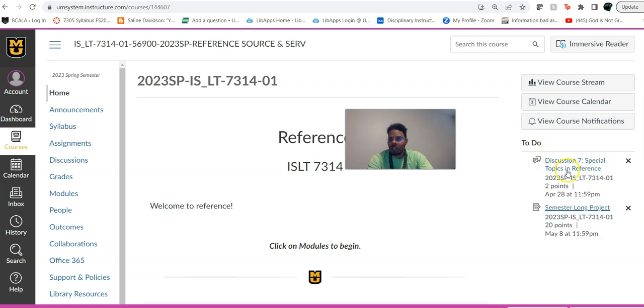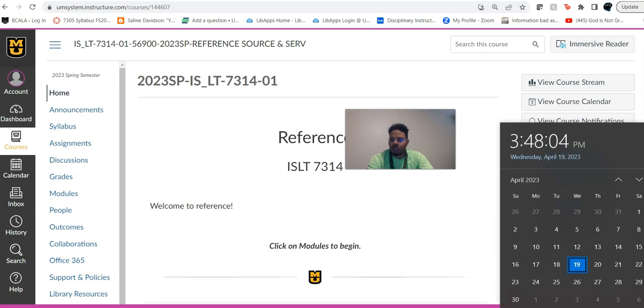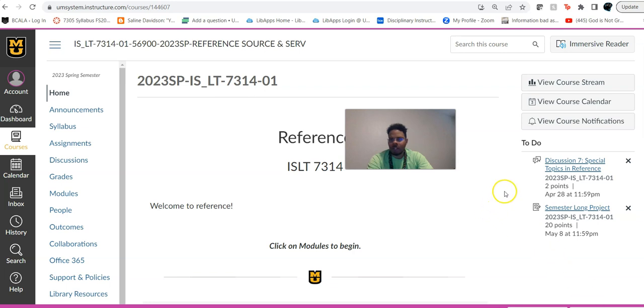If I need to adjust that, I will. It might be some sort of calendar nuance, so I'll look that back up. I think I may just push that out to April 30th. I don't think April 30th is a holiday, so we're going to make this due on April 30th. By the time you're looking at this video, that should be adjusted.